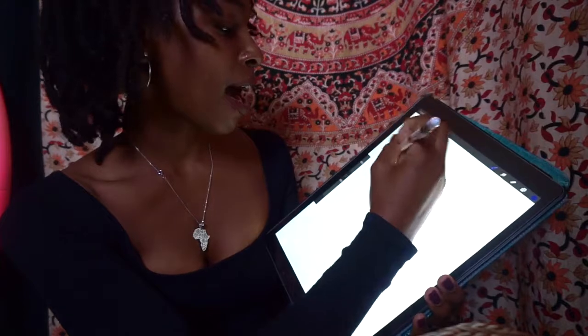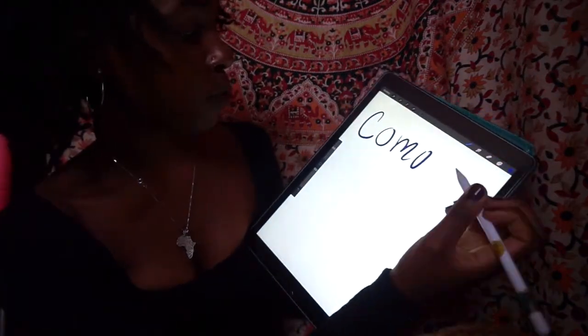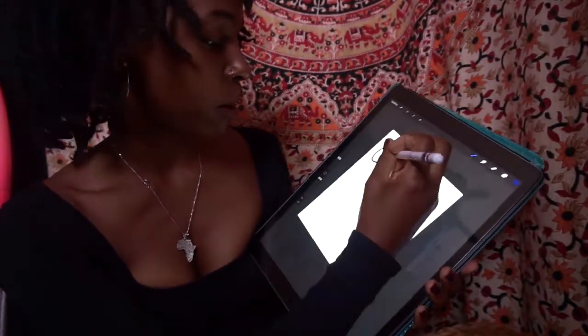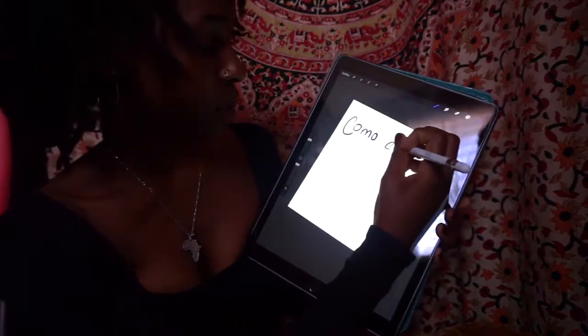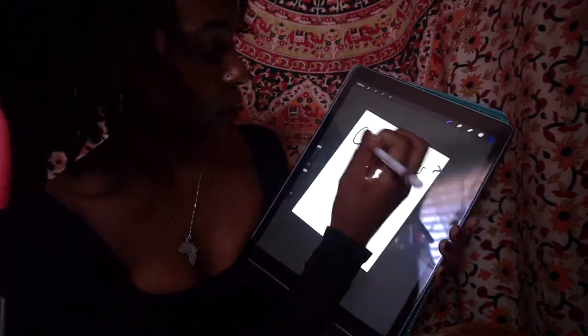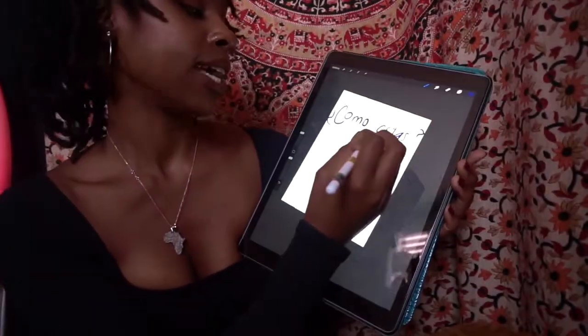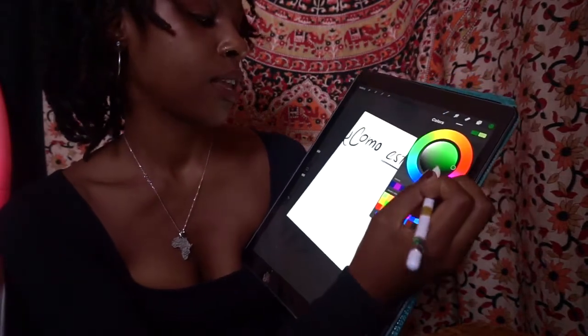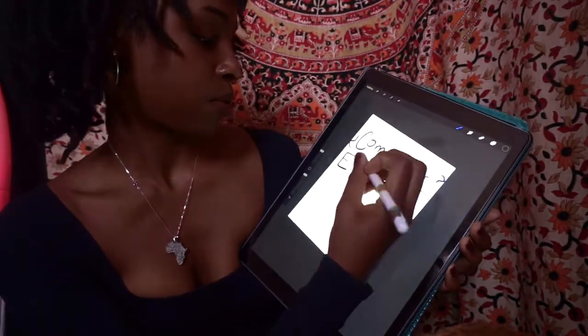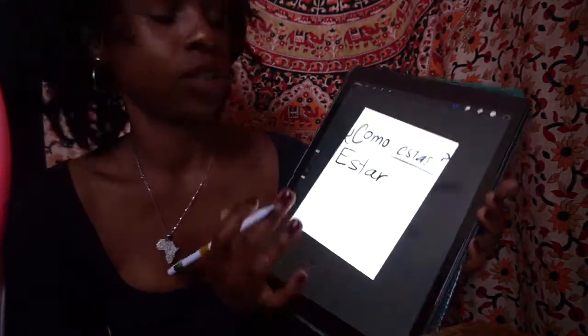And one more thing before we go, I want to show y'all something. Let me write it. If you have cómo estás, estás right here comes from the word estar, which means to be.